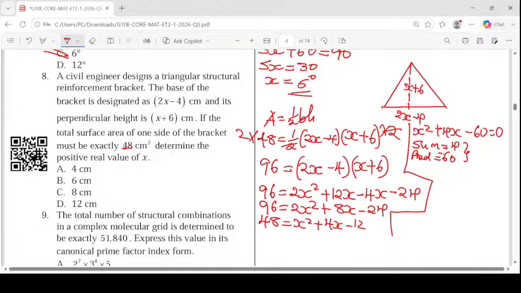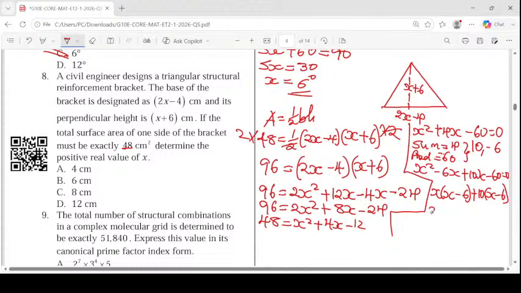This should be 10 and negative 6. So this will be x squared minus 6x plus 10x minus 60 is equal to 0. That way, this will be x into x minus 6 plus 10 into x minus 6 is equal to 0.